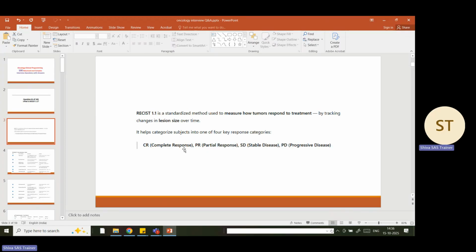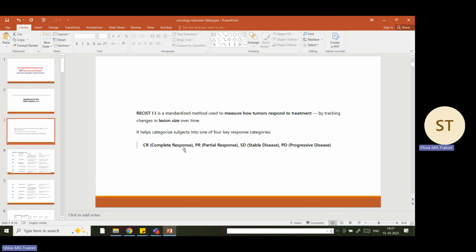Many CROs follow different standards to evaluate these responses, and if they are not following standards, every time they submit the responses to the FDA or other regulators, the reviewers will take so much time to review them. So for that purpose, RECIST maintains a standardized method of how to calculate or measure the responses given by the treatment.